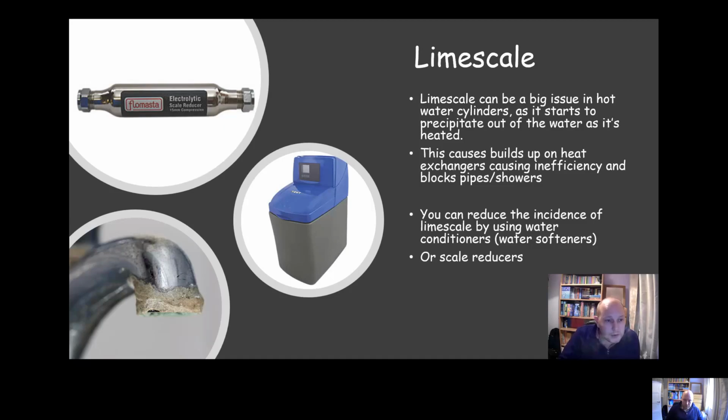You can also use scale reducers. You'd see something like this most likely on the cold inlet to a combi boiler.